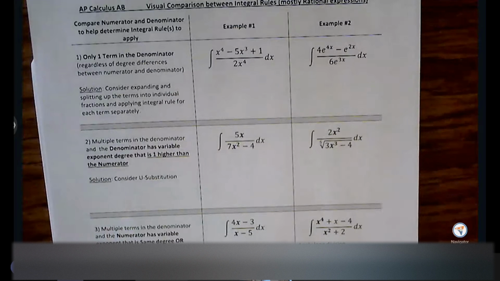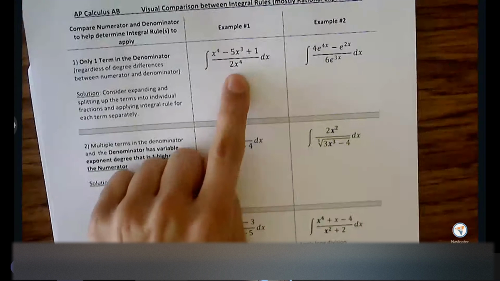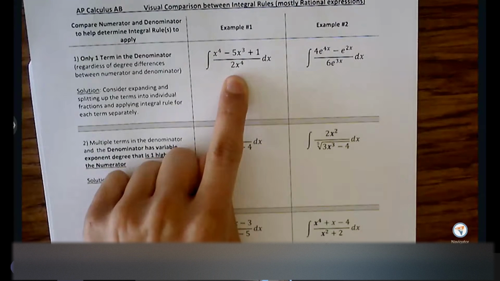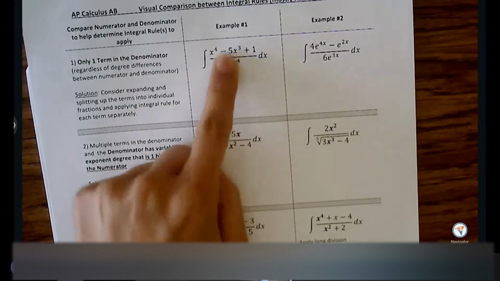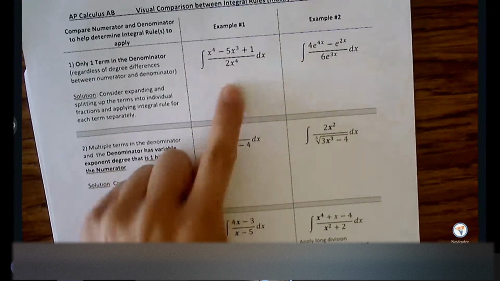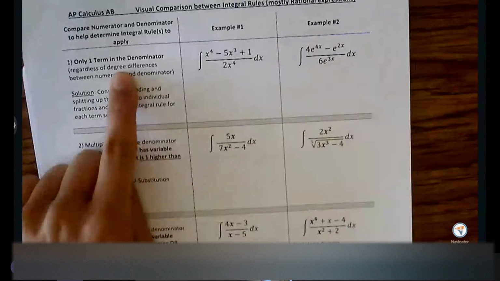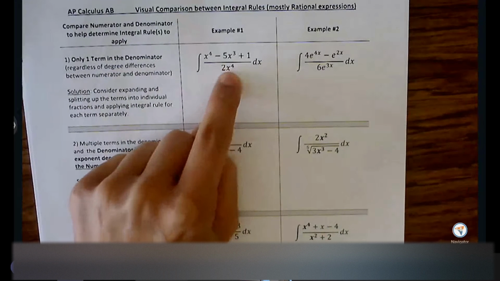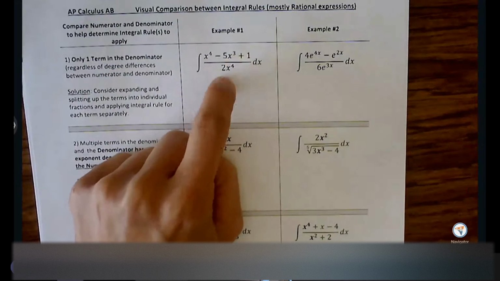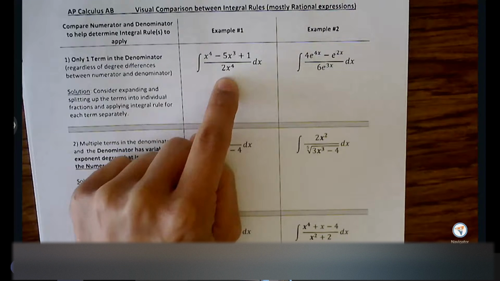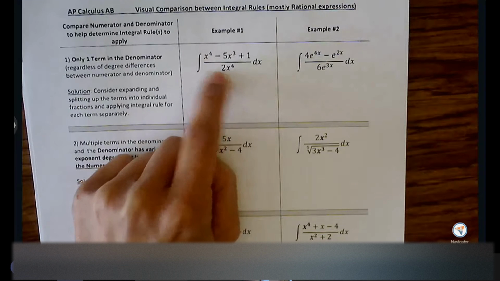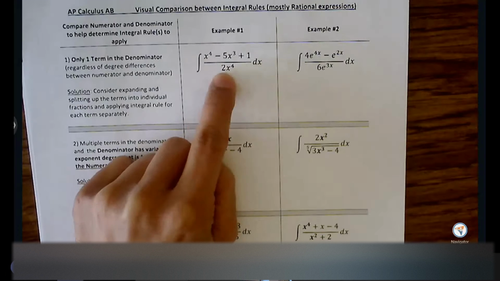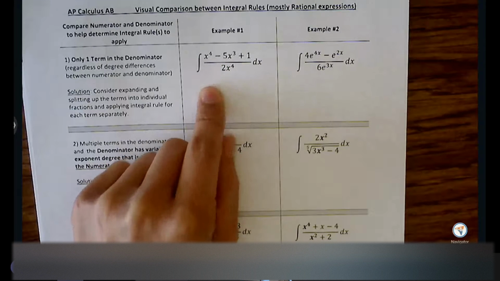If your numerator is trig or natural log or exponential e to the x, and your denominator is polynomial or rational, this rule doesn't quite work out. But as long as there's only one term in the denominator and your numerator and denominator are within the same family of function, we should be able to split up and handle each separately.